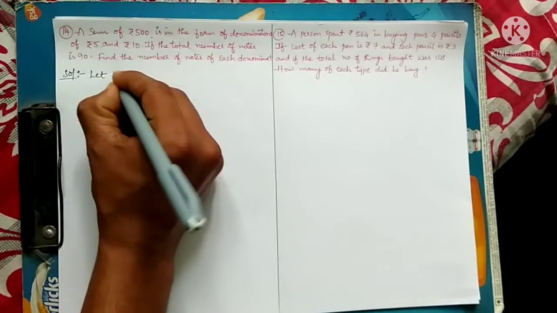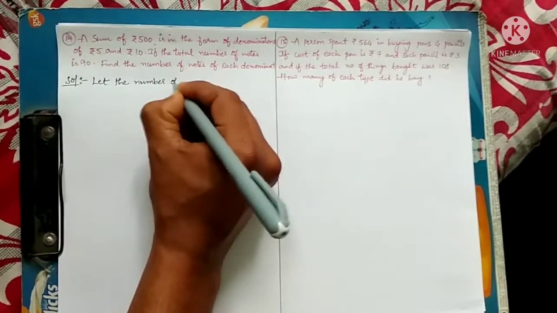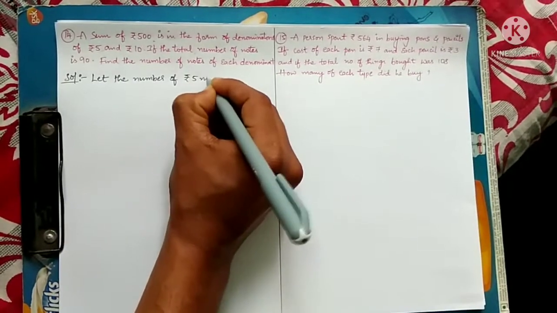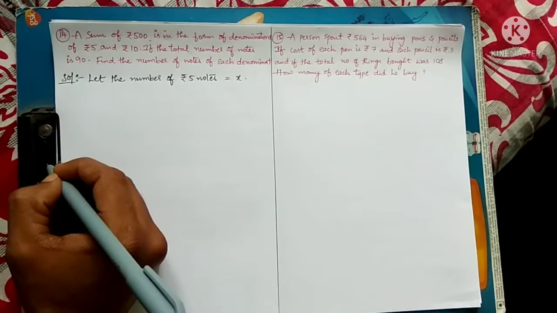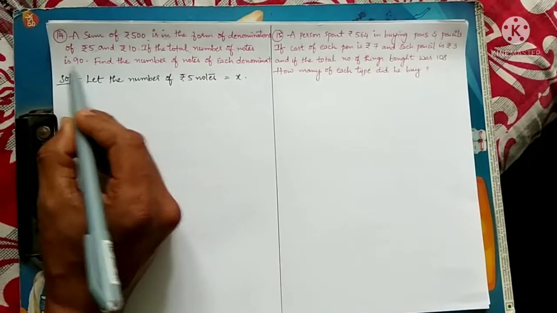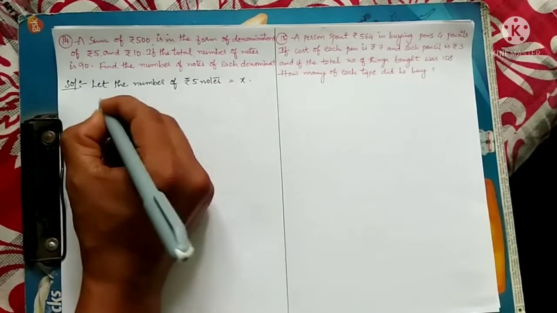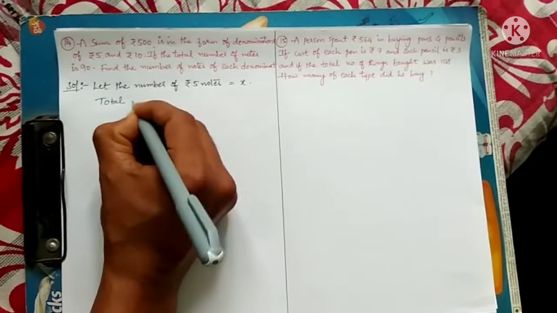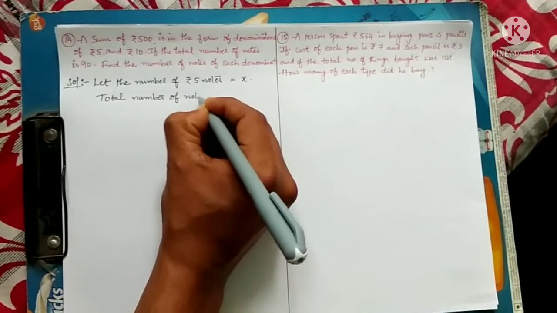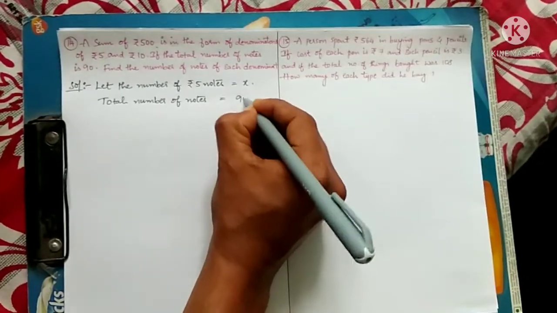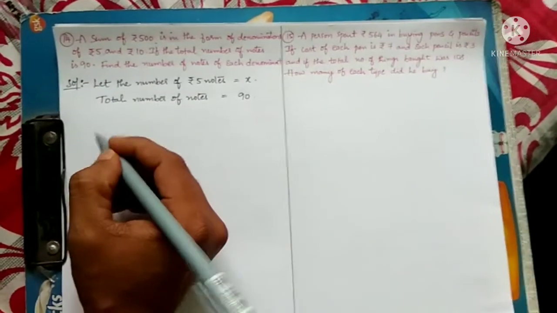Let the number of rupees 5 notes be equal to x. Now how many notes are there with me? There are 90 notes. Total number of notes is equal to 90. So from these two we can find the number of 10 rupees notes easily.